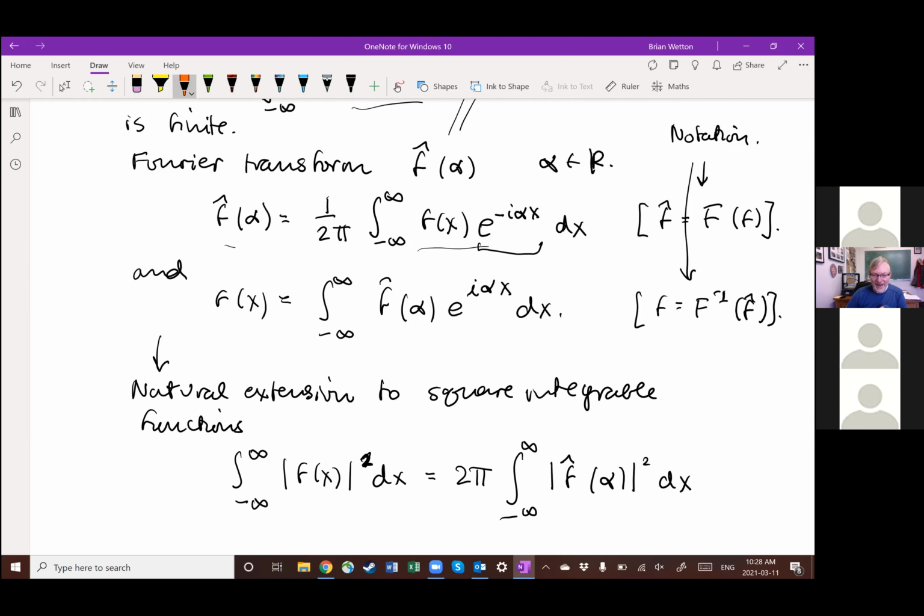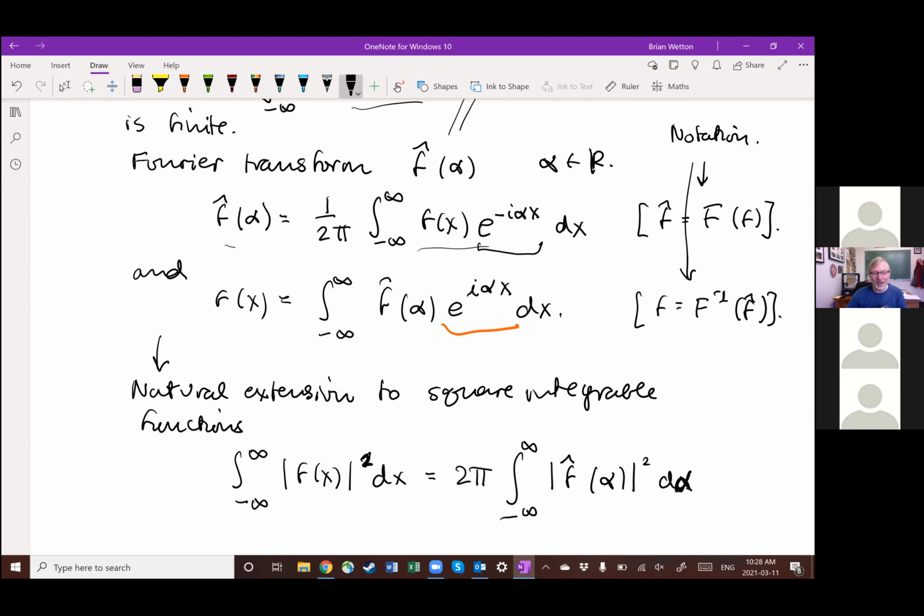I don't want to write anything down, but if you have seen the Fourier transform before in another context, it may have looked different, okay? Depending on which application it's, oh yeah, there's a comment, this is a d alpha. Yeah, thank you. Depending on which application you live in, these things get written differently.